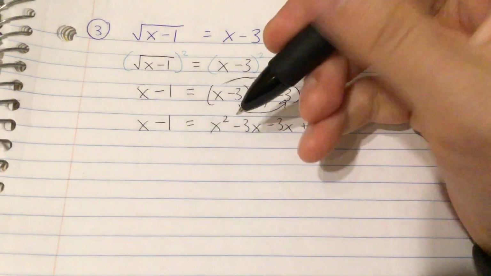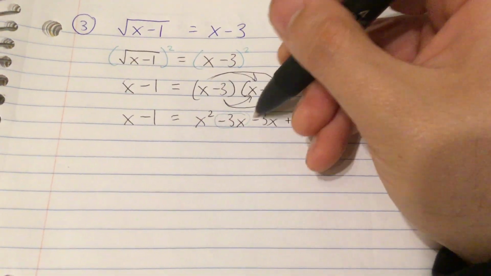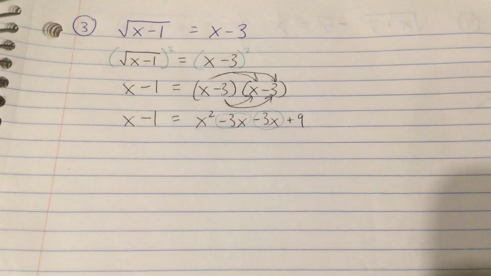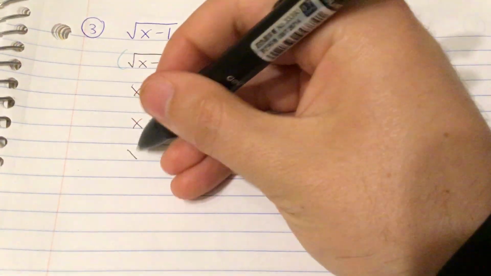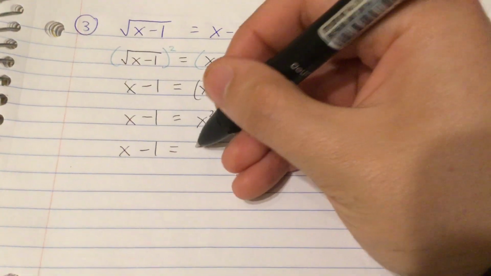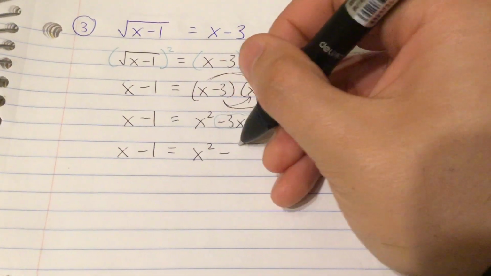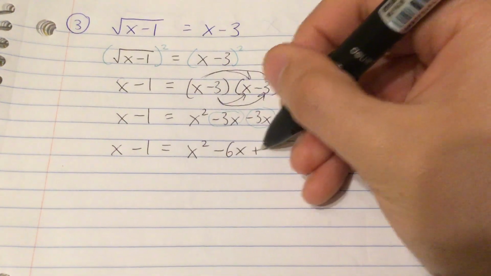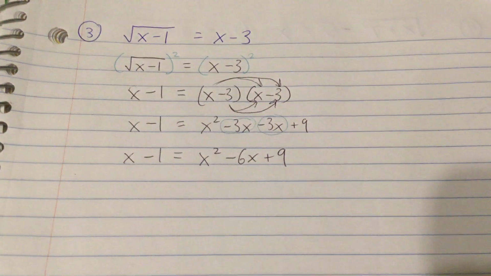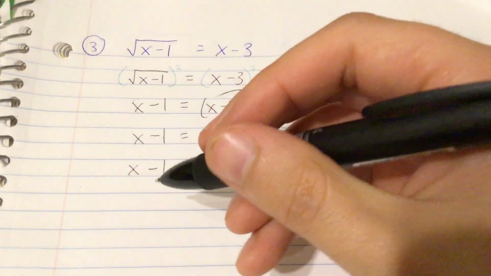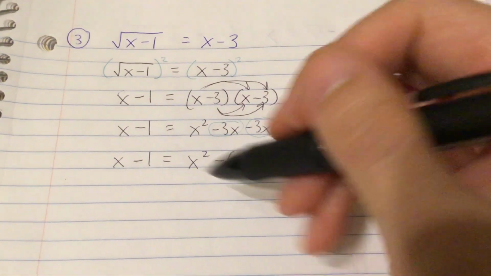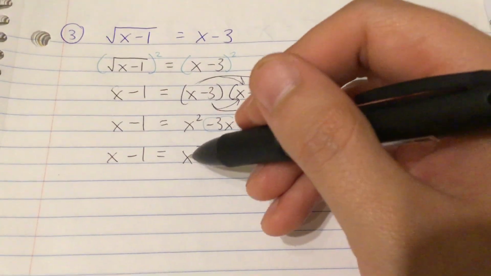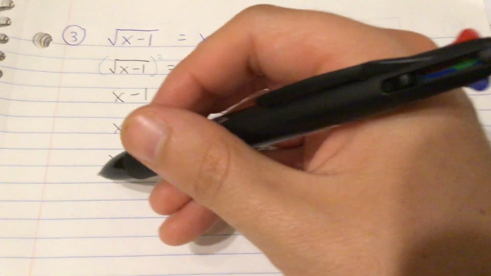So let's group these together, combine like terms, and I get x minus 1 is equal to x squared minus 6x plus 9. Now then, I'm going to get everything on one side. I'm going to move everything to the right side since that x squared is already on the right side.